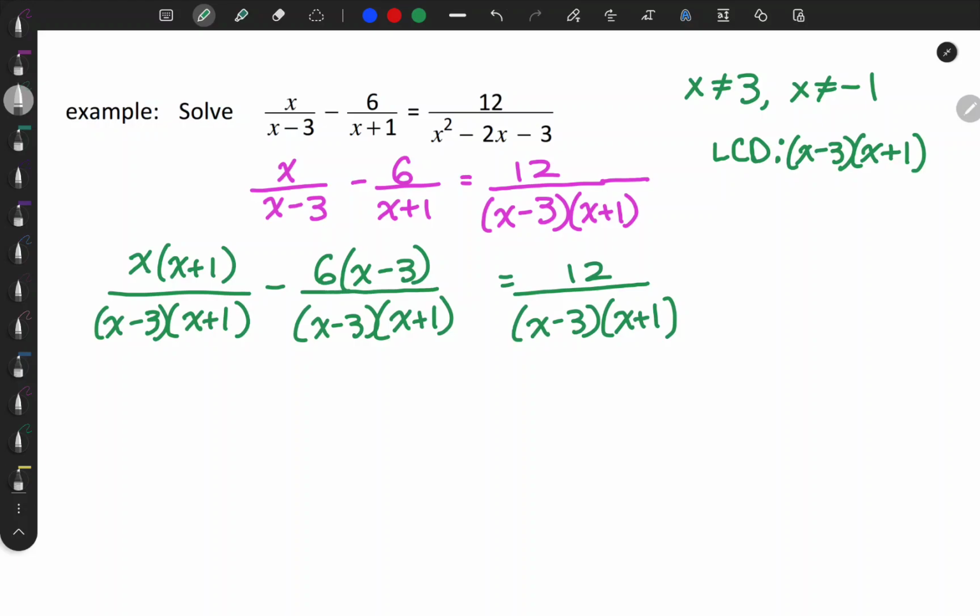All right, I think we're at a point where we want to combine the left side of the equation if we can. So I'm going to write this as a single fraction. I'll save the distributing and combining like terms for the next step, but I'll just write it as one fraction.